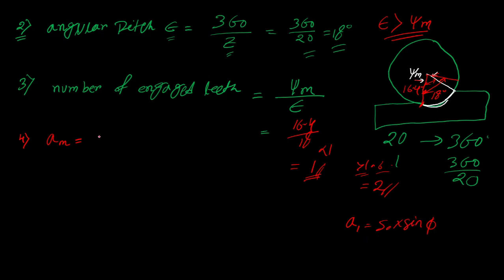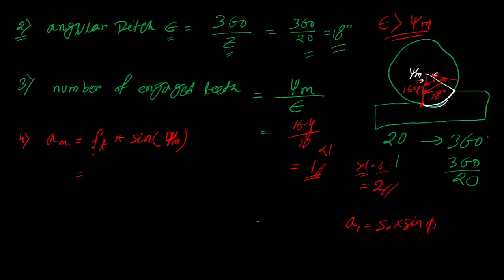Here also you write the same equation, but the feed will be feed per tooth, and sin phi will be replaced by sin psi m, and the remaining things will be as they are.